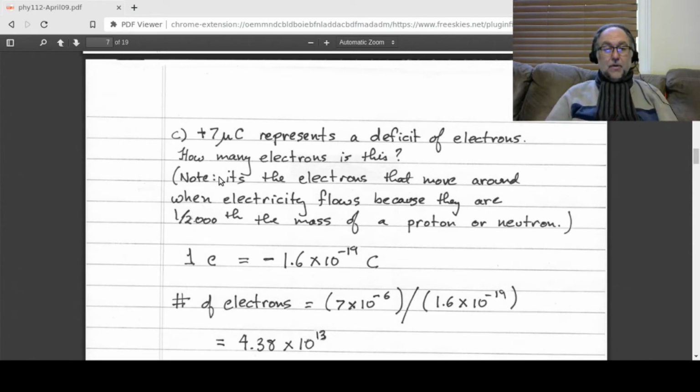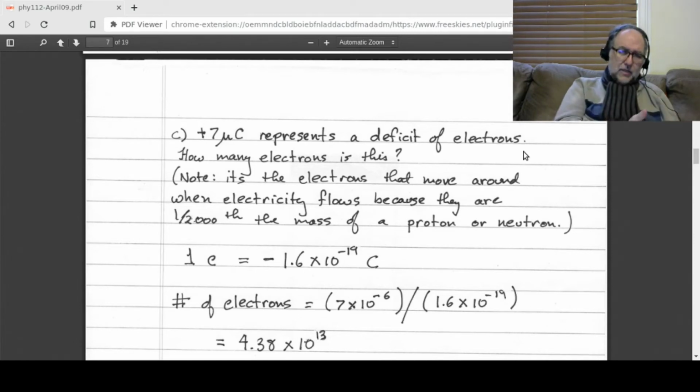That doesn't happen. So if you have something like plus 7 microcoulombs, that represents a deficit of electrons in a material. It's like you've taken out some of the electrons. So you can naturally ask the question, how many electrons did you have to take out of this material in order to charge it to the point that it has a 7 microcoulomb charge? By the way, you might ask, why are you taking the electrons out?